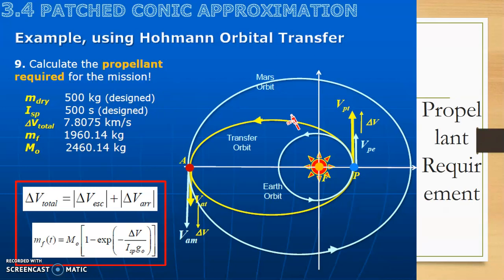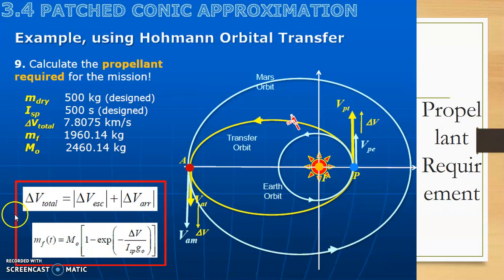Then we have to calculate the propellant requirement. Here our calculation is a reconstruction of the Voyager, but in reality, if you are calculating for an incoming mission, of course you will use many more assumptions and a safety factor. But here we use the recap data that we get and our assumptions.